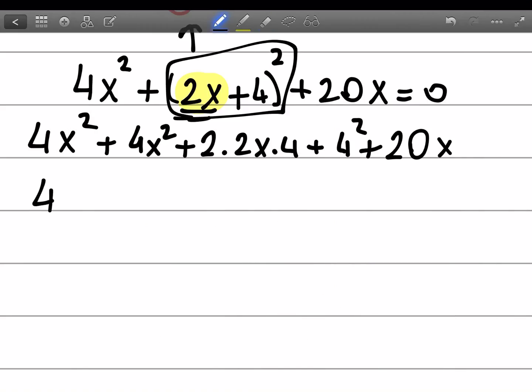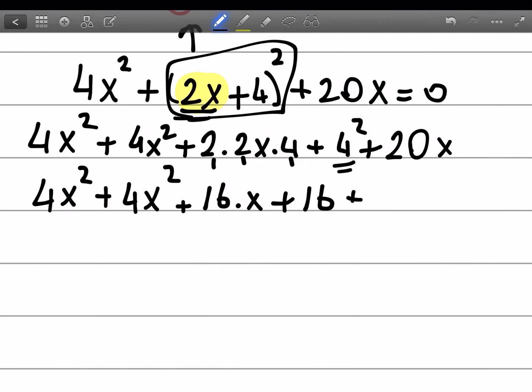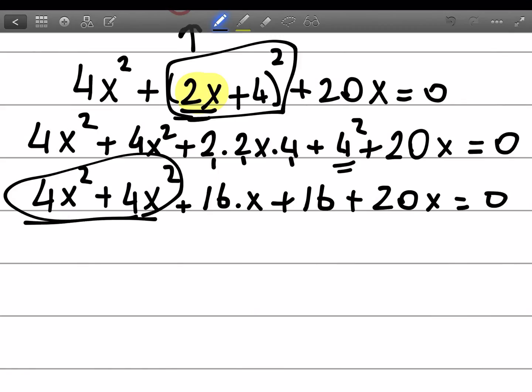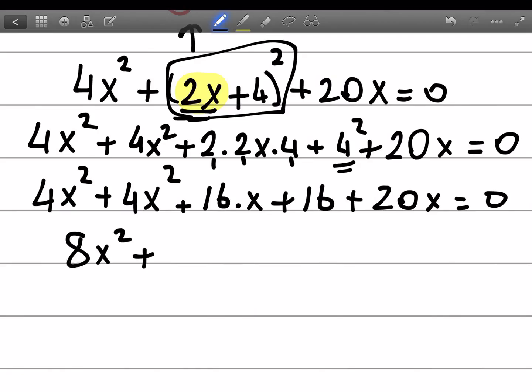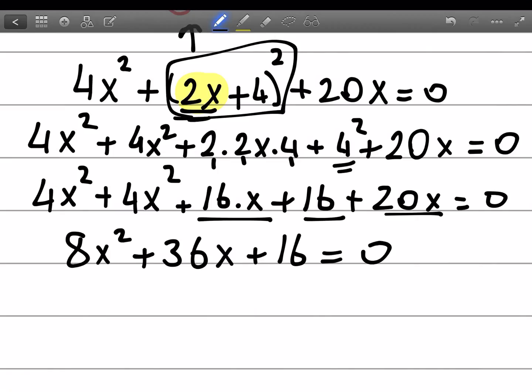And 4x squared plus 4x squared, that will be 2 times 2 is 4, 4 times 4 is 16x plus 16 here, and 20x will be 0. Here we have 4x squared plus 4x squared, 8x squared plus 36x plus 16 will be 0.